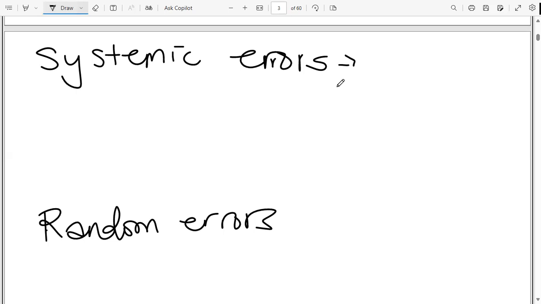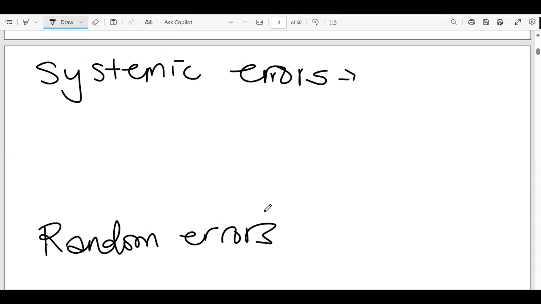Okay, so what are systemic errors? When you're talking about systemic errors, these are just consistent errors that are going to result due to the flaws in the equipment or the system that you're using.